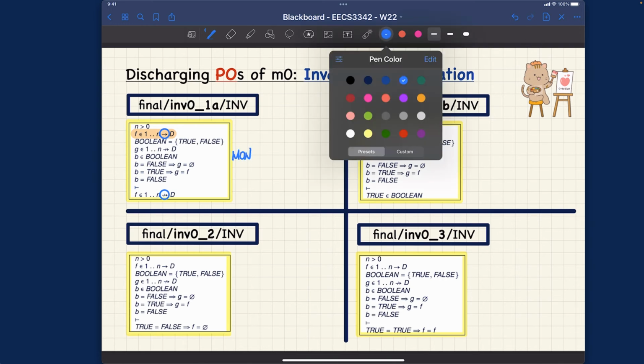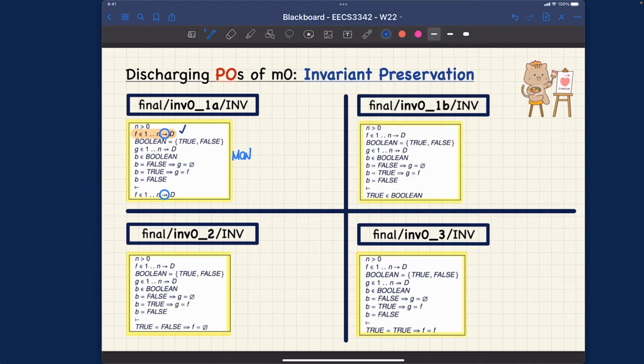I'm only going to keep this one here so we can be much more focused. So I'm going to get F, a member of the set of total functions between 1 and n, and D, turnstile, the goal will be F, a member of the set of partial functions over here, D. That's why it's so important, which I mentioned in the earlier slide, you have to review what we covered earlier in the math review.